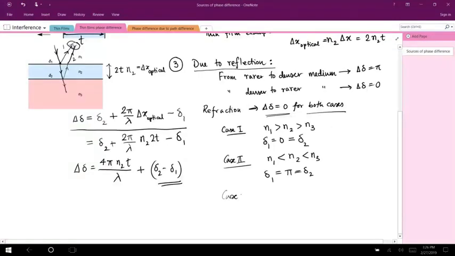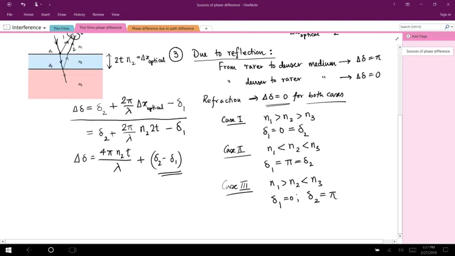Case number 3, now we're going to mix and match these conditions. So we'll have n1 greater than n2, but n2 less than n3. And in this case, since n1 is greater than n2, delta 1 has to be equal to 0. But since n2 is less than n3, delta 2 has to be equal to pi.